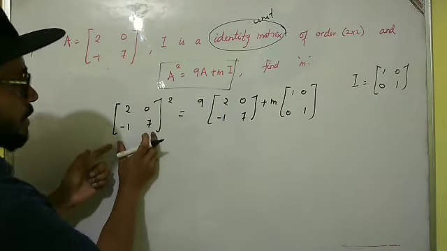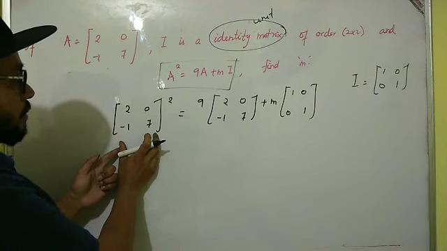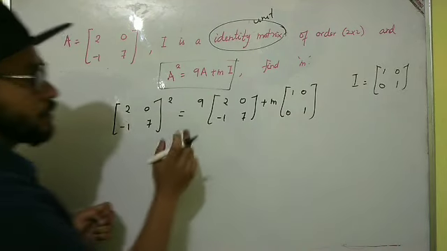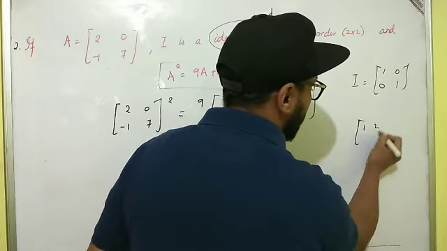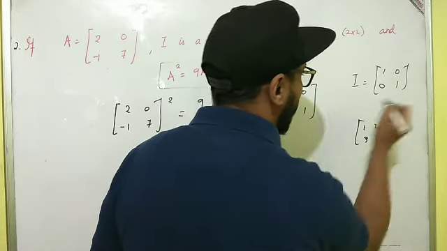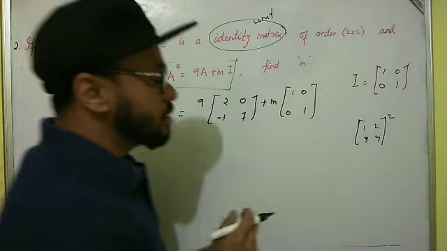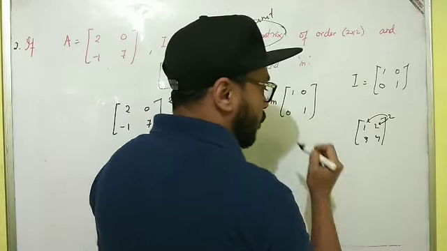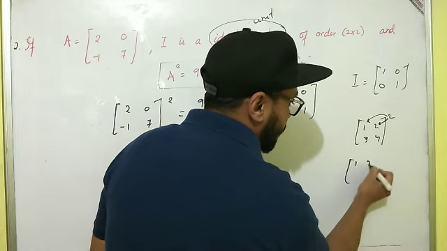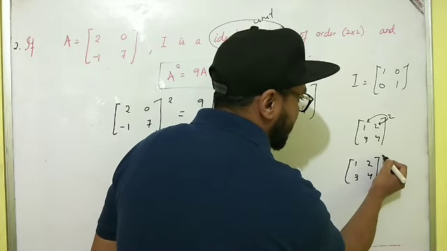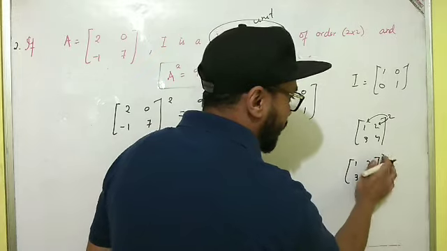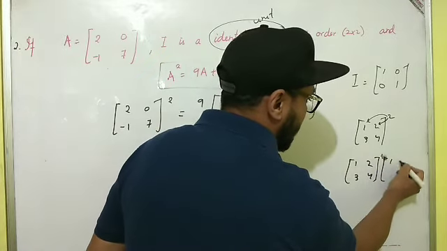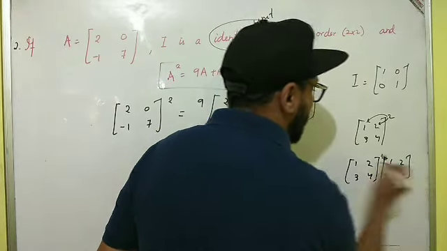Now if any matrix is given, say 1, 2, 3, 4, and we have the square of that matrix, it doesn't mean that we take the square of each element. What does it mean? If a matrix has a square, it means we have to multiply the same matrix 2 times.